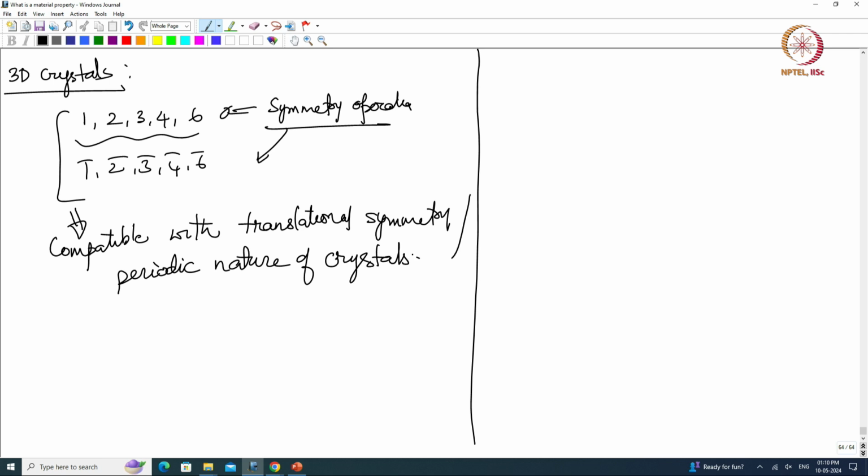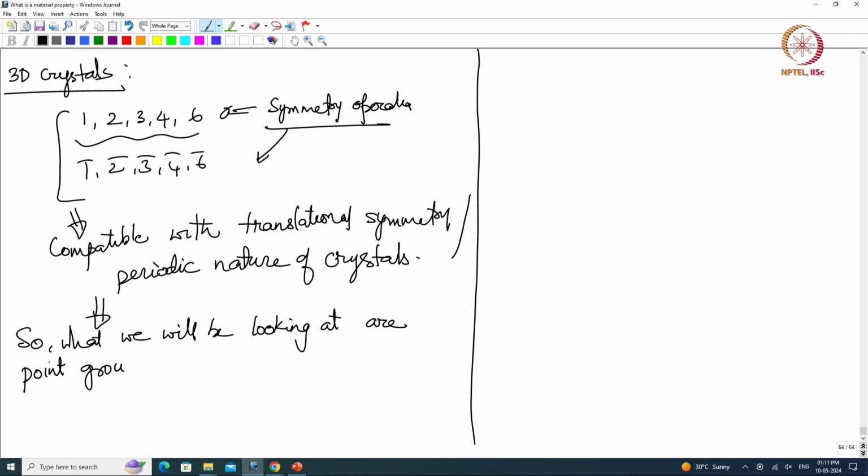As a result, what we are looking at are point groups, which are sets of these operations.